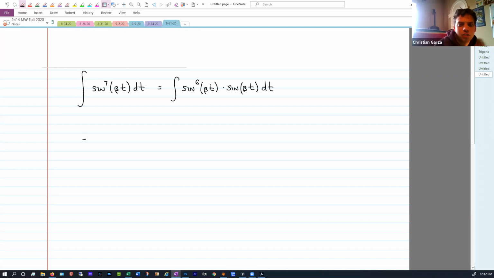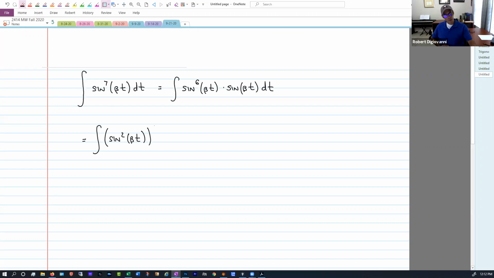Could we rewrite the sine to the 6th as sine squared beta t, and then in parentheses to the 3rd power? Because you would be multiplying those powers. So 2 times 3 would give you the 6. That's exactly right. We're going to use the fact that sine to the 6th is really sine squared, all of that cubed. Good.